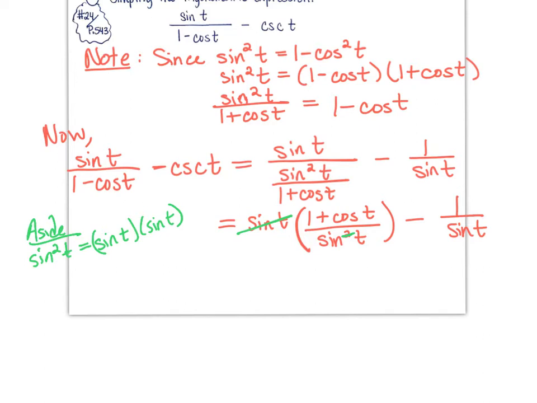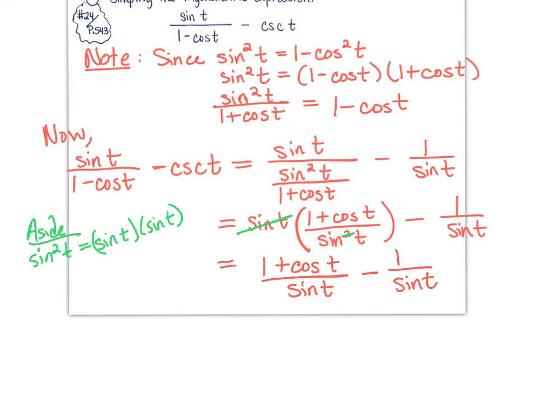Yeah. Okay. Now this looks better because now we have that this is equal to 1 plus cosine of t all over sine of t, minus 1 over sine of t. Well, this is good now because they have the same denominator, which means we can do what with the numerators?